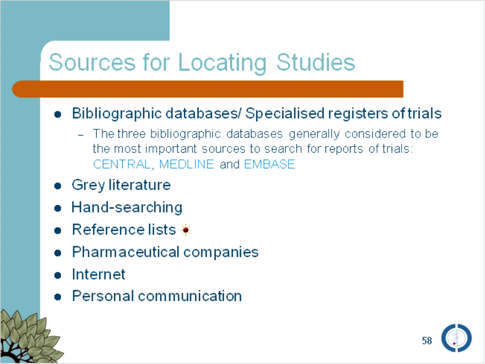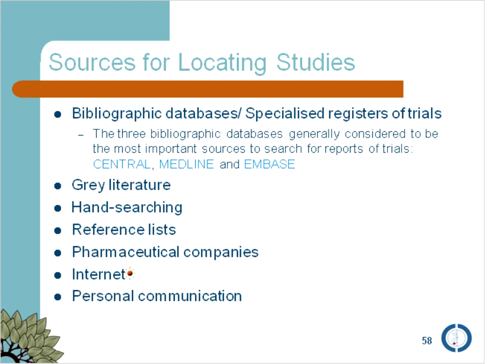Hand searching was brought up. Reference lists are another item. So you go through a review or the studies that you've included, and you actually go through the reference list to see if you can find other relevant studies. There's also the option to contact pharmaceutical companies, especially for data that may not be yet published.